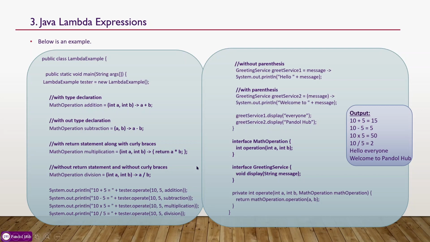What it does is it calls the operation method of this addition functional interface object. This addition dot operation does the code of a plus b. This is the expression that gets called when you invoke addition dot operation of this object.